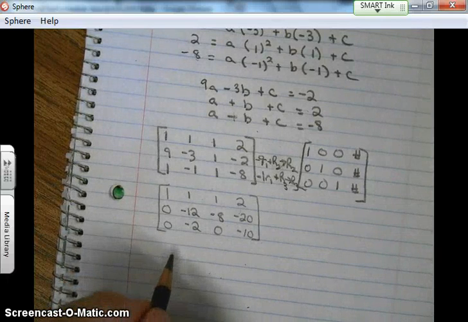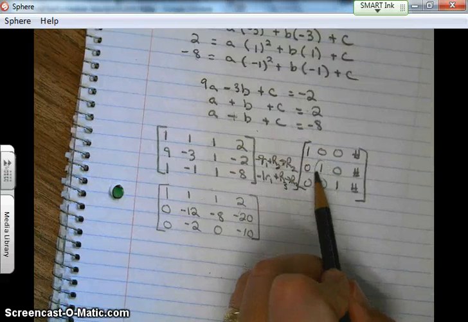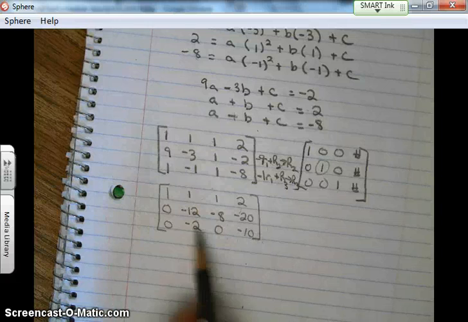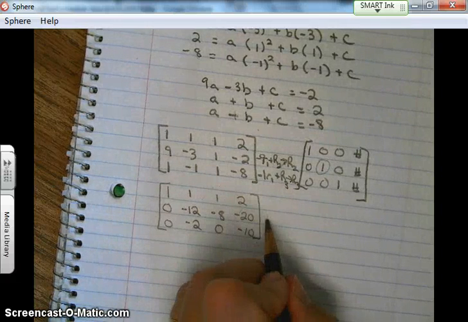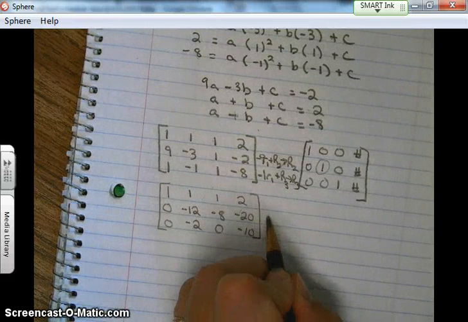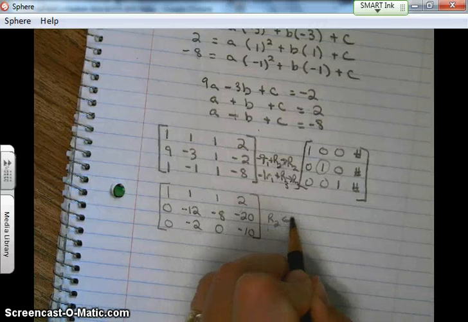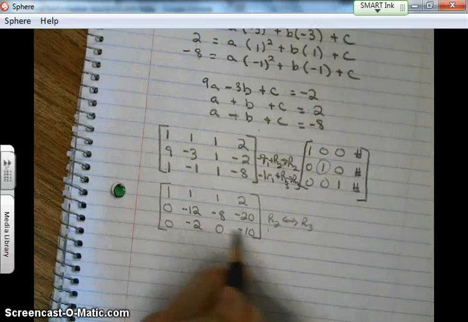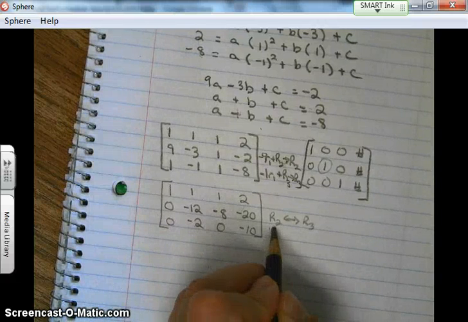Alright, now I want to get my 1 in this spot. So what I'm going to do is switch row 2 and row 3, and I'm going to divide row 3 by -2.